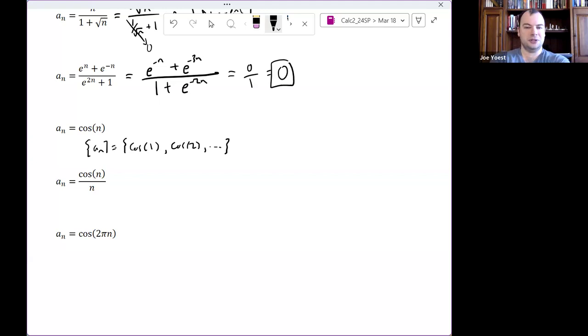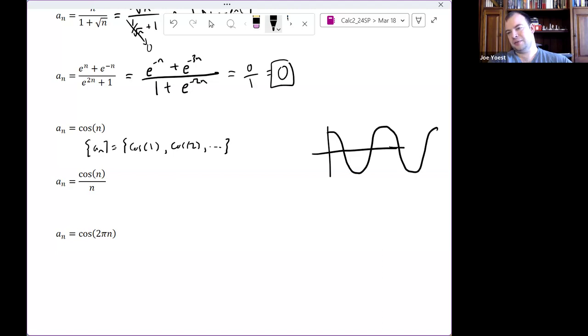It's cosine of 1, cosine of 2, etc. We might have kind of a gut feeling that if we consider f of x equals cosine of x, because we don't have a nice pi related periodicity here, our inputs are just going from 1 to 2 to 3 to 4.